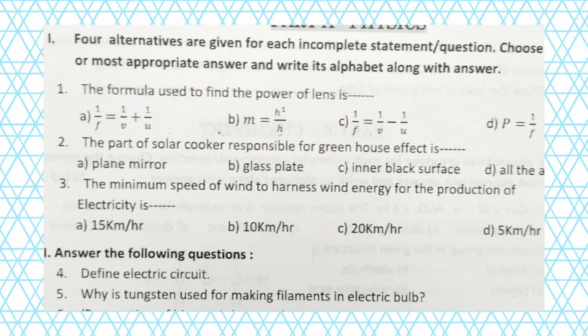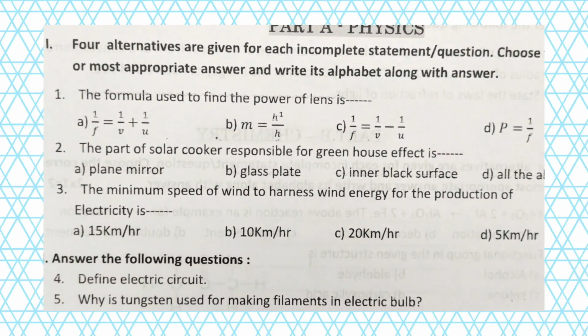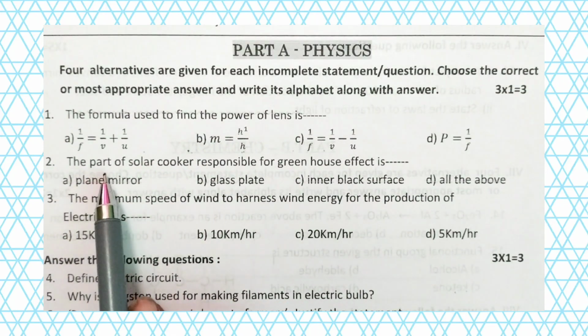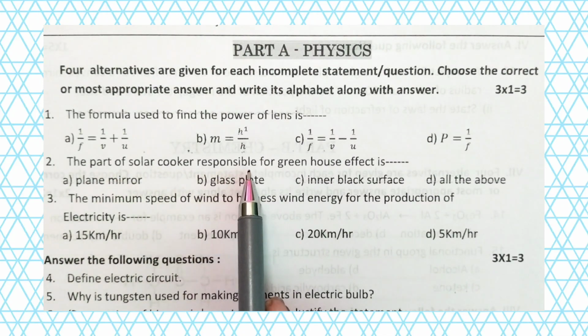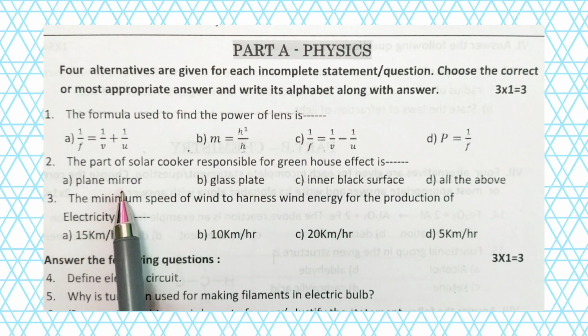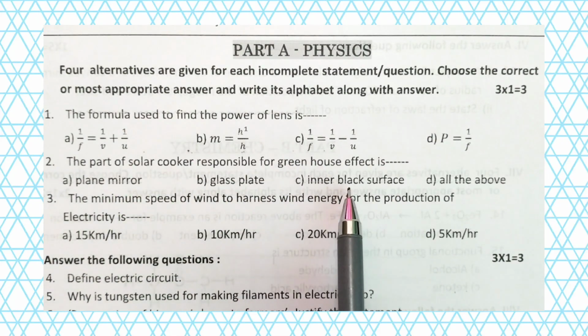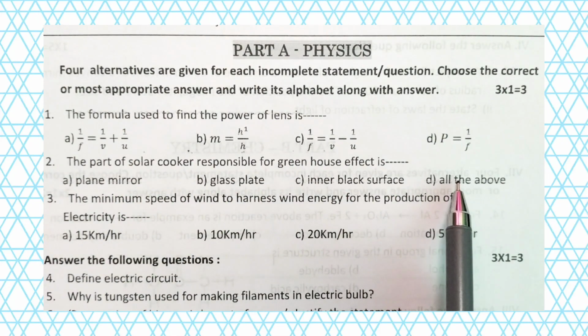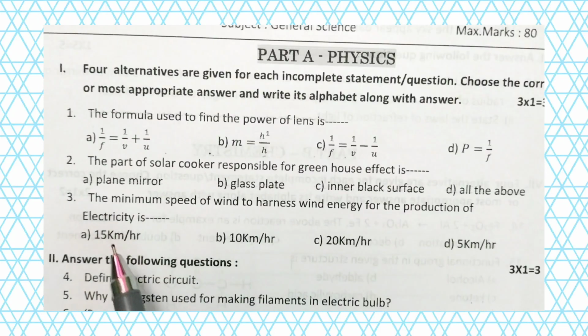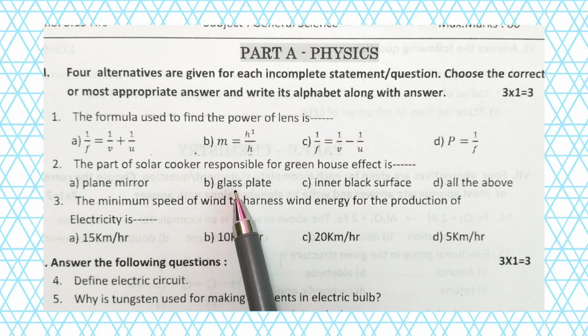Then coming to the second question, the part of the solar cooker responsible for the greenhouse effect: plane mirror, glass plate, inner black surface, all the above. So the right answer for this question is glass plate.